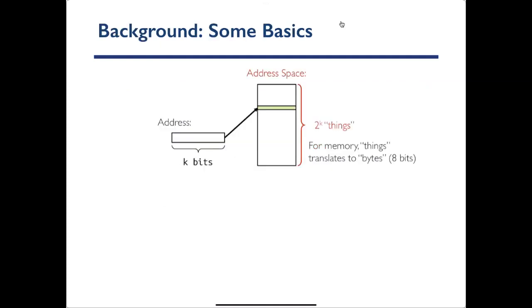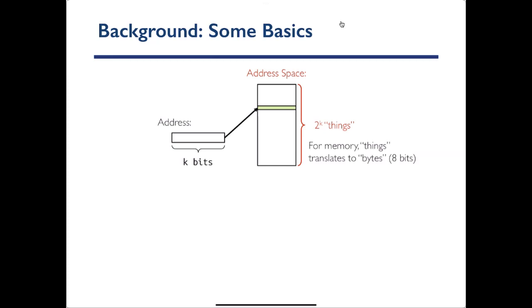Now, a little bit of background in terms of basics of memory management. This first part is unrelated to memory. It's basically discrete math. If you have k bits, how many different things can you address with k bits? Each bit can be 0 or 1. So for each bit you can store 1 or 0.